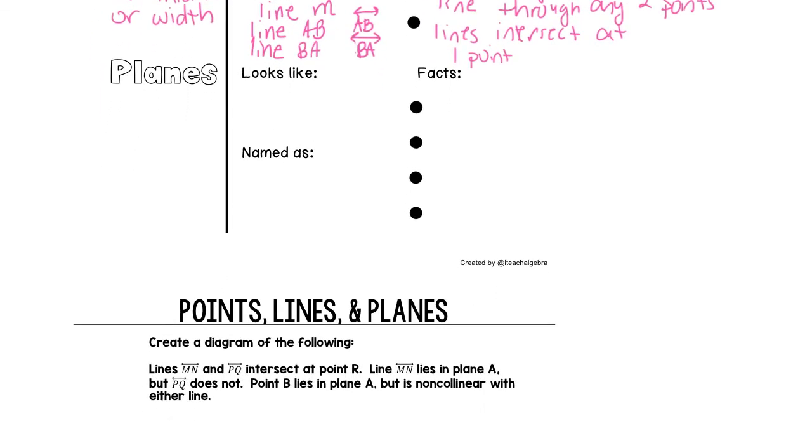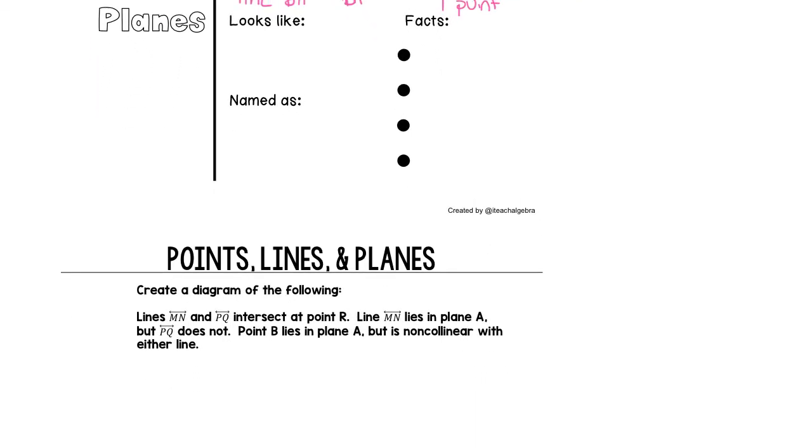Last but not least, on the front of this page, we're going to talk about planes. So we've talked about points, lines, now planes. Planes are a flat surface made up of points.